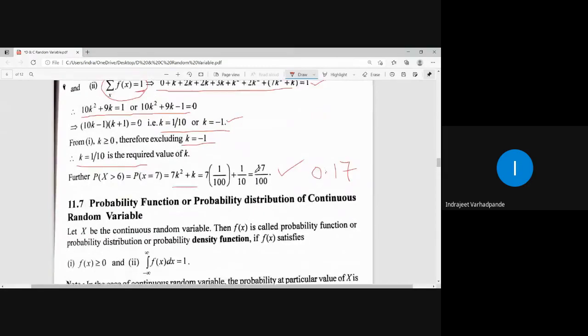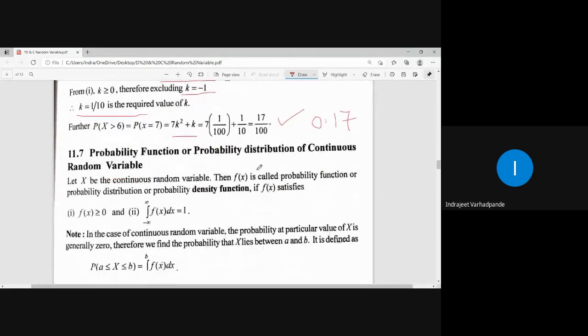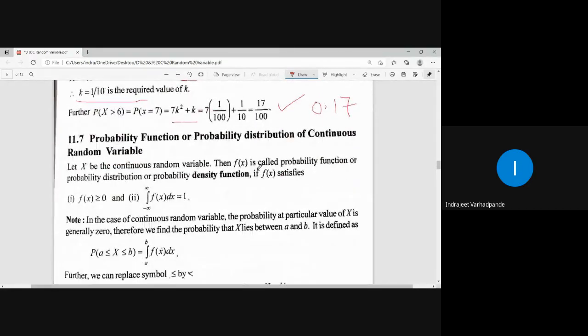So this was all regarding the discrete random variable. Now we move on to the second category of the random variable, that we call the continuous random variable. After discrete random variable, we discuss the continuous random variable. So give the heading: probability function or probability distribution of continuous random variable.